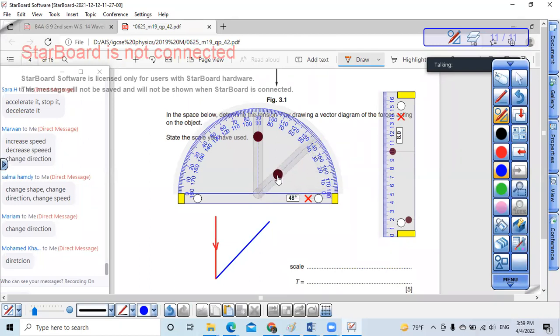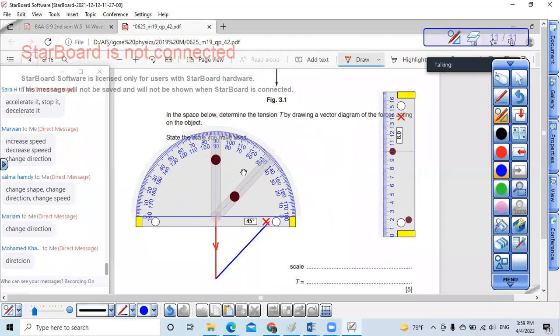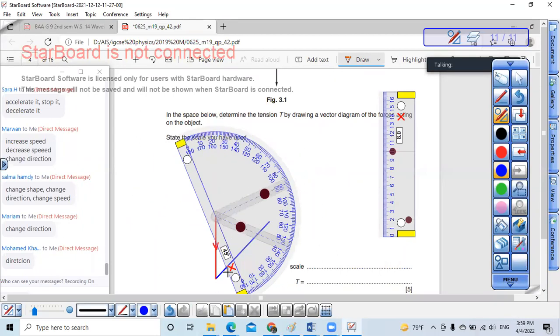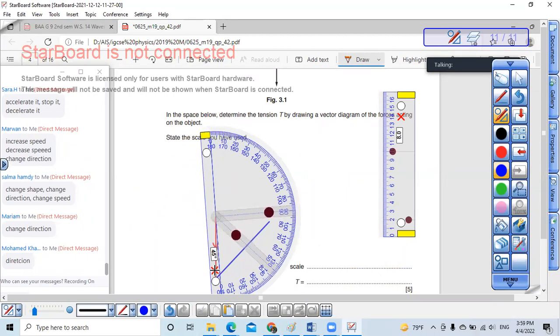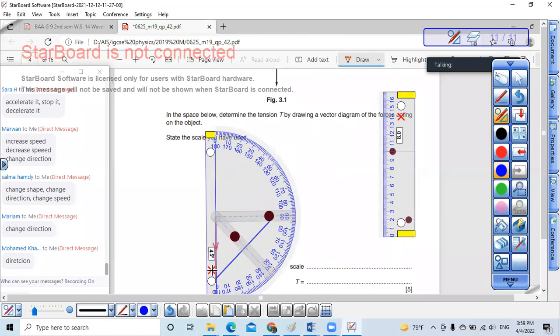So if I put another 45 degrees like this, then I'll put it here and rotate it. You can see that this is my third force. It will be in this direction, like this.